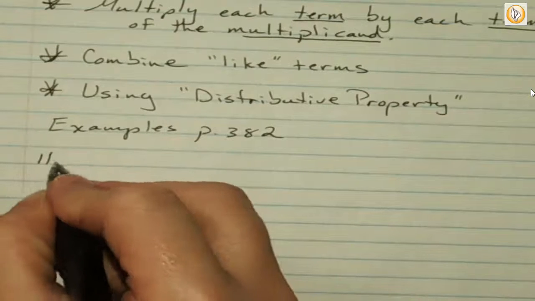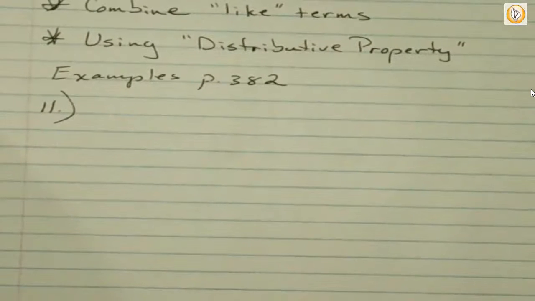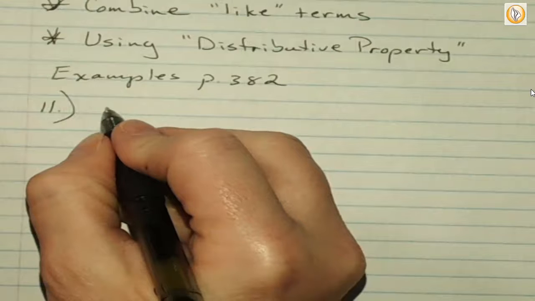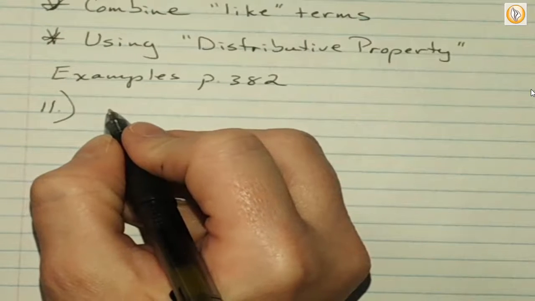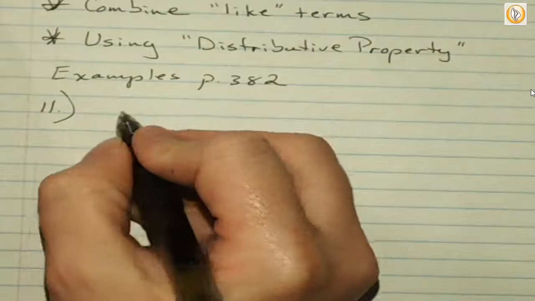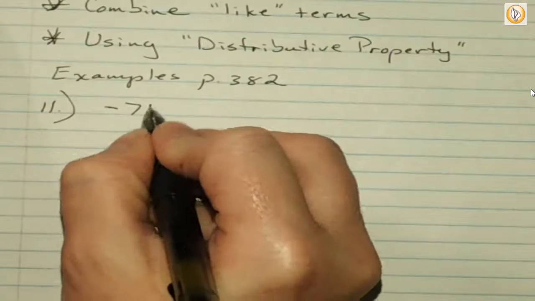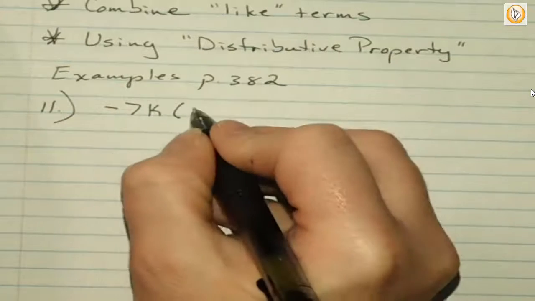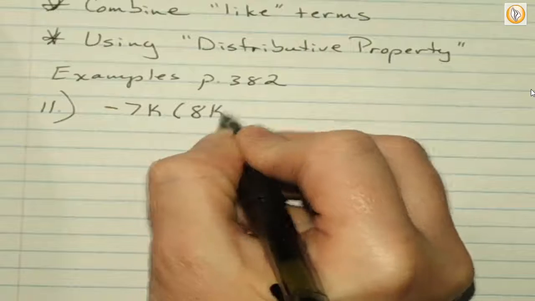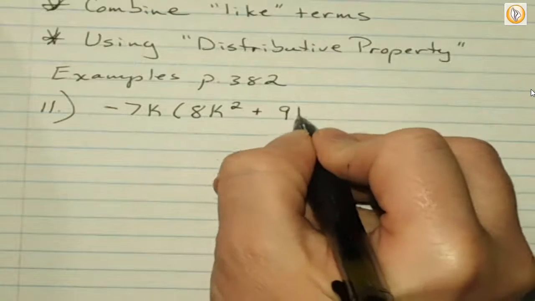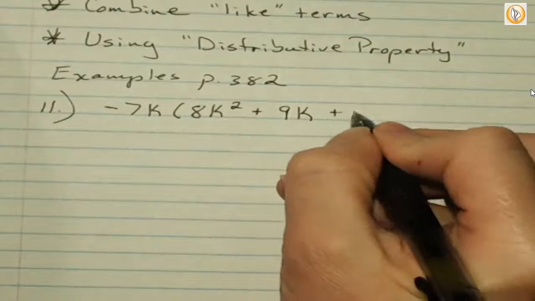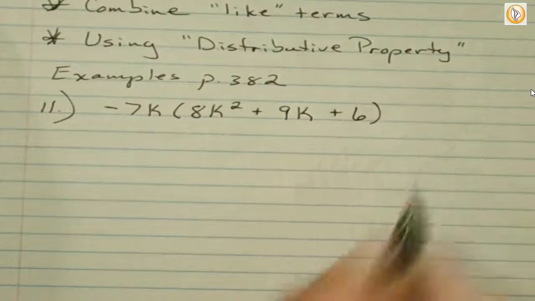We're going to look at number 11. Negative 7k times 8k squared plus 9k plus 6.